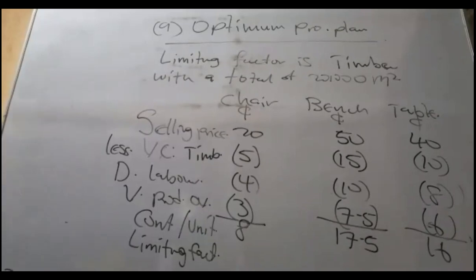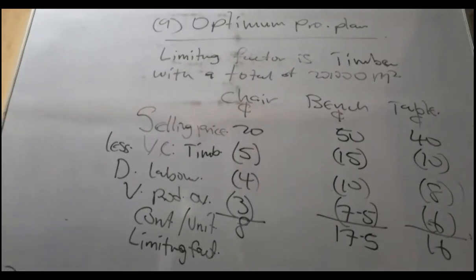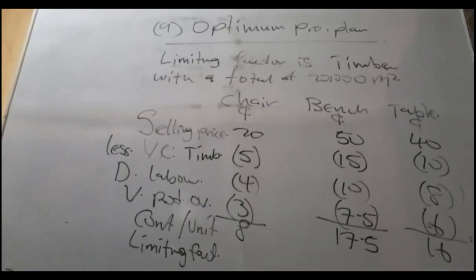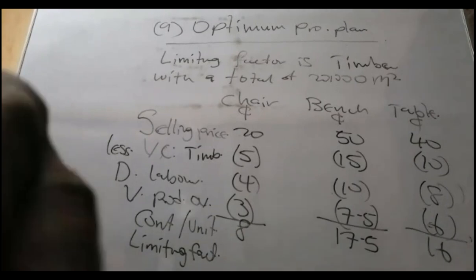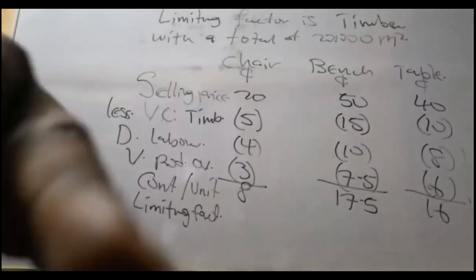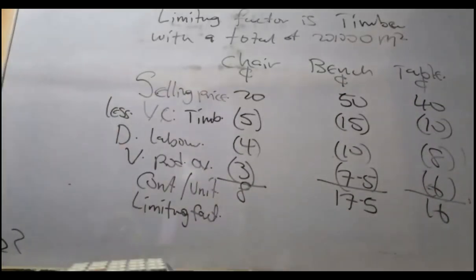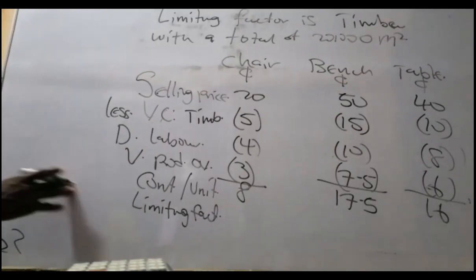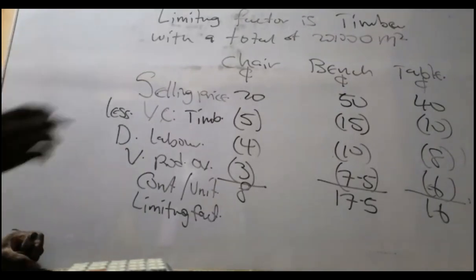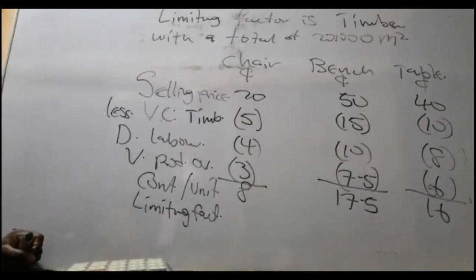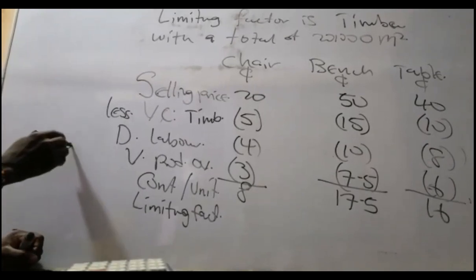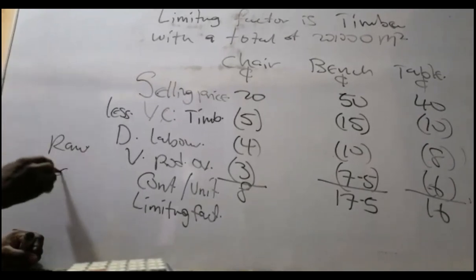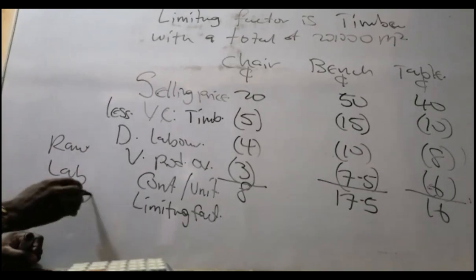Yeah, the timber cost. They give us the cost of timber. They didn't give us the resource requirement. Don't forget that we said that the limiting factor for examination purposes, we can use raw material, labor and machine hours.